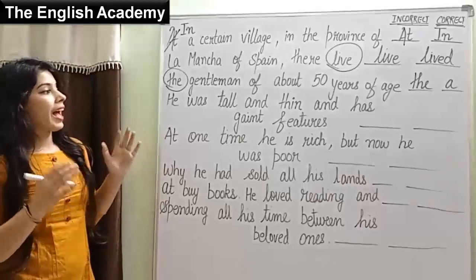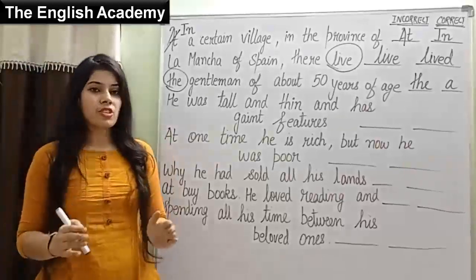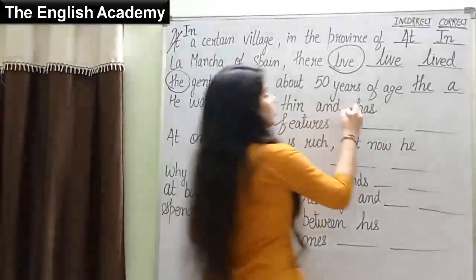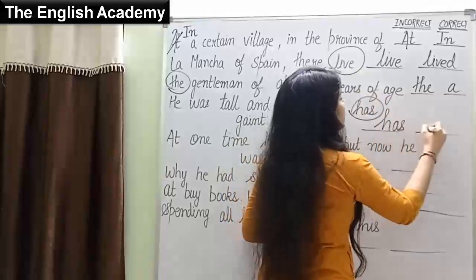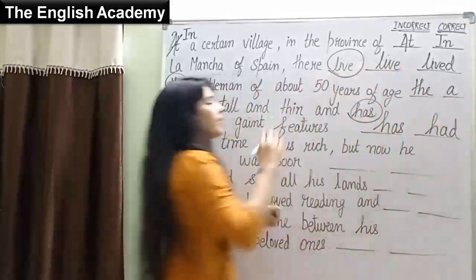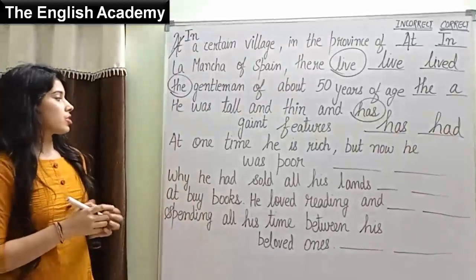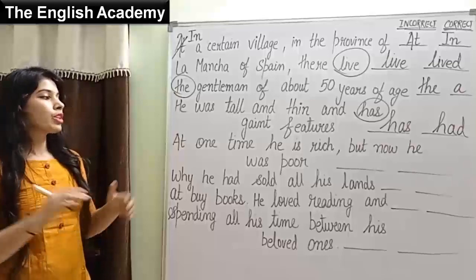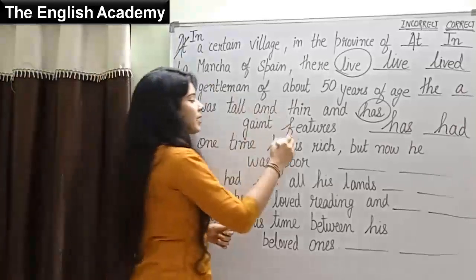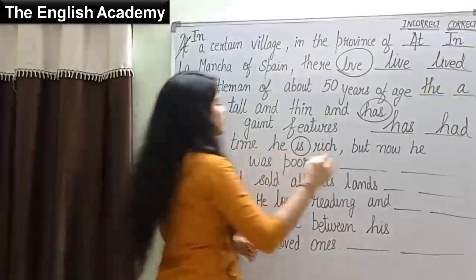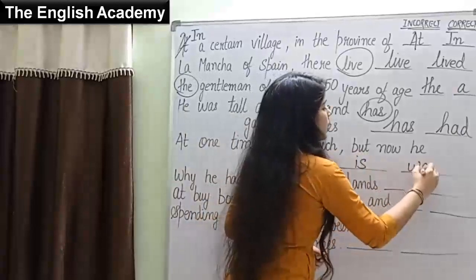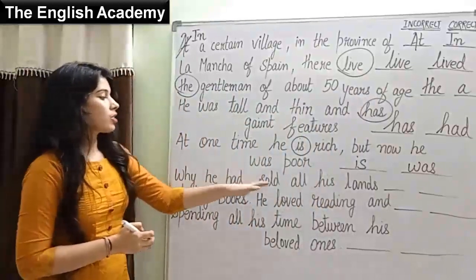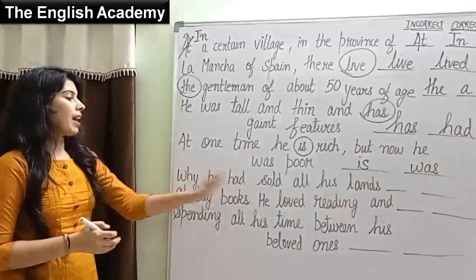He was tall and thin and has giant features. Has is also present. So has will convert into had. So he had giant features. At one time he is rich, but now he was poor. One time past he is rich. He was rich. Then why he had sold all his lands at buy books.